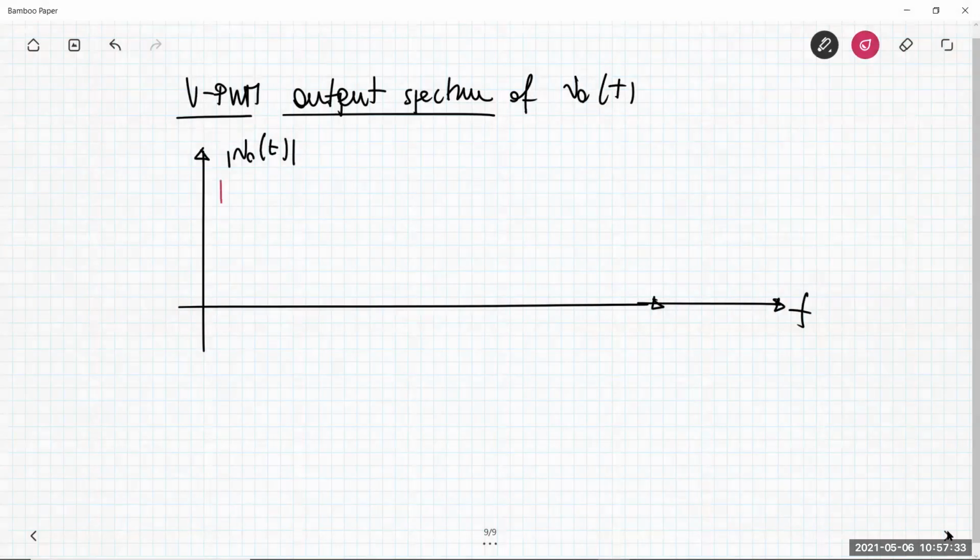For sure, we have a harmonic component at frequency F1. This is the component at the same frequency as the control voltage. F1 is exactly 1 over T1, and this appears in the output spectrum.